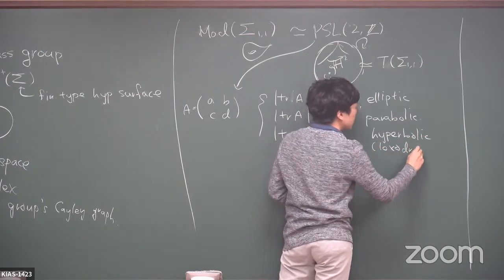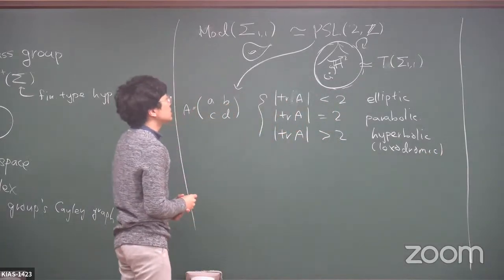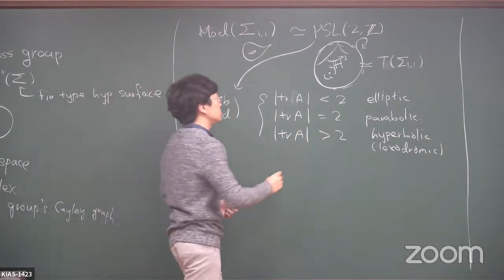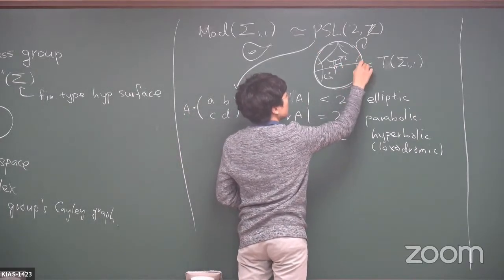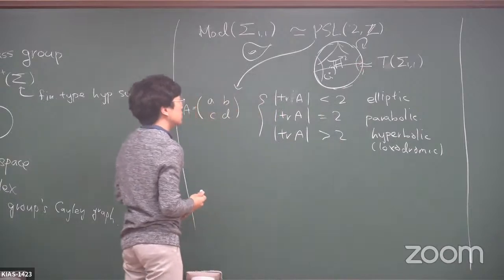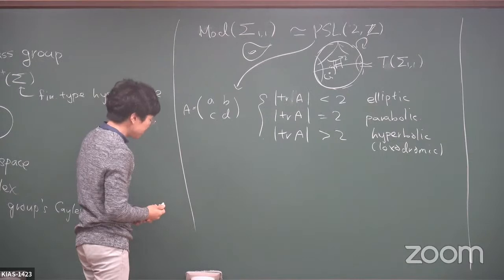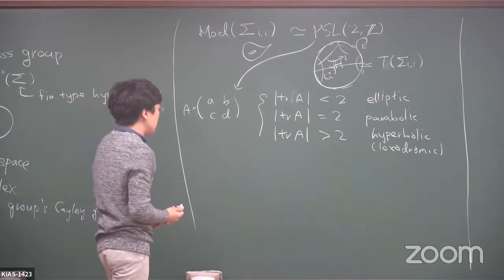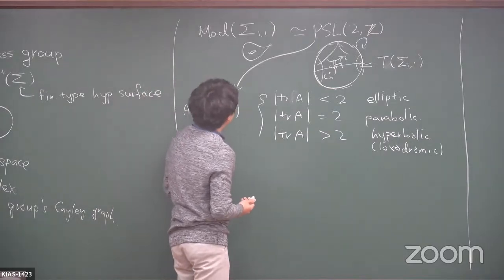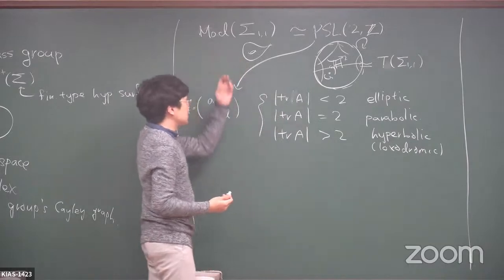And these are the elements with the most interesting dynamics, because it moves the entire hyperbolic plane as a translation with north-south or source-sink dynamics, if you prefer. It's a common belief that loxodromic or hyperbolic elements are dominant in this group.